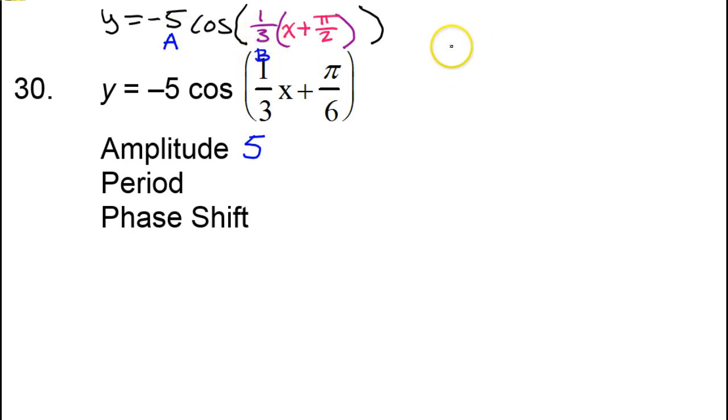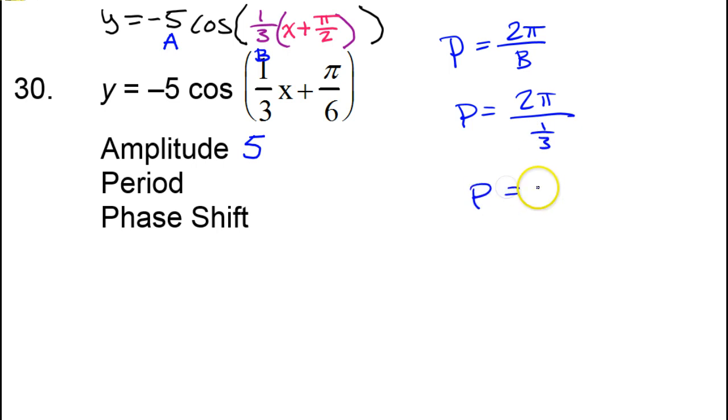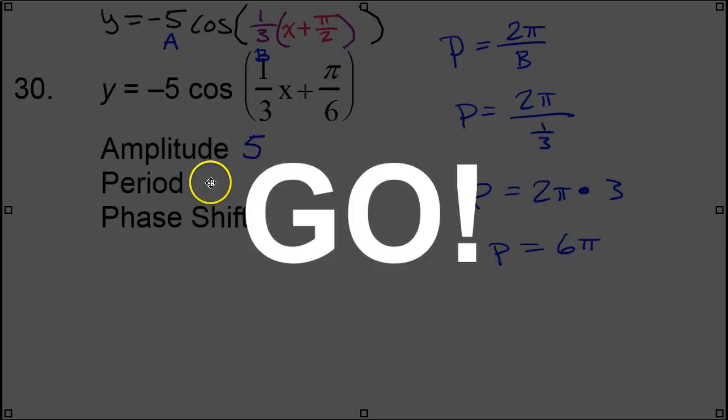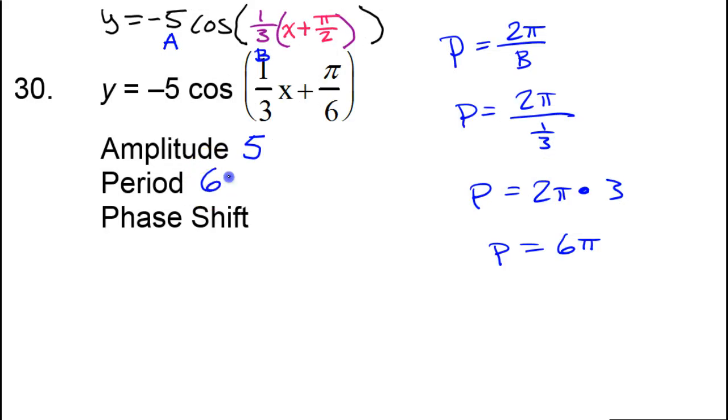That indirectly tells me the period, because the period is always 2 pi divided by that b value. So the period is going to be 2 pi divided by 1/3. Dividing by 1/3 is the same thing as multiplying by 3. So the period is going to be 6 pi. Okay, so the period is 6 pi.